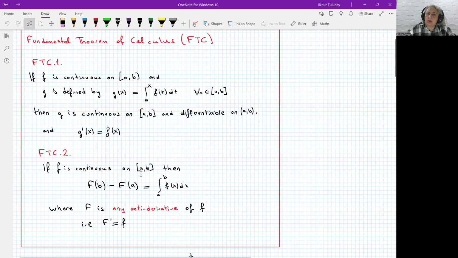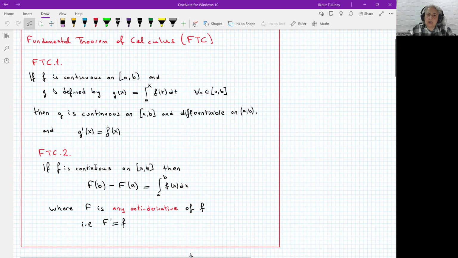If f is continuous on the interval, then the integral equals F(b) minus F(a), where the capital F is an antiderivative of f, and the derivative of the capital F is the small f.